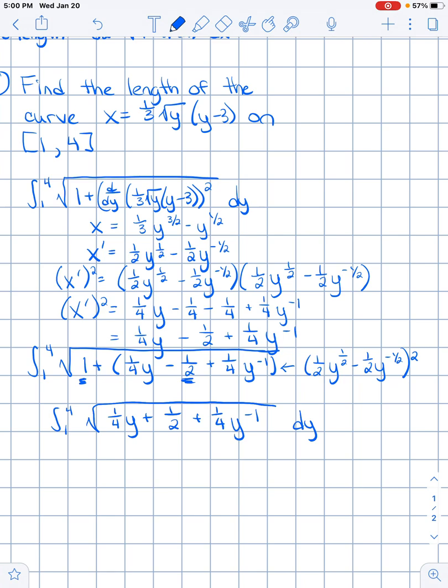The reason I wanted you to notice that pattern is that finding the antiderivative of this radical is really crazy difficult. If I let u equal the part under that radical, this is definitely not a u substitution problem because I don't see du in this thing anywhere. But what I do notice is that this is almost exactly the same as this.